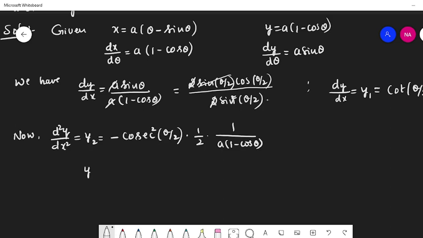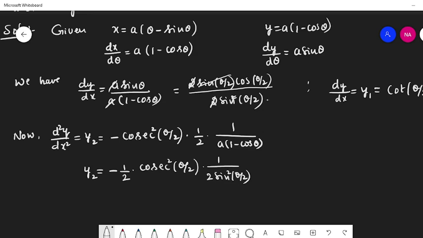So y2 equal to minus 1 by 2 into cosecant square of theta by 2 into 1 by a times 2 sin square of theta by 2.